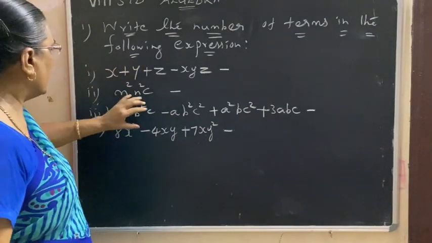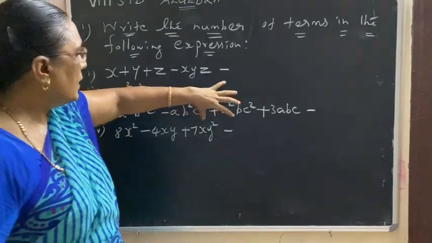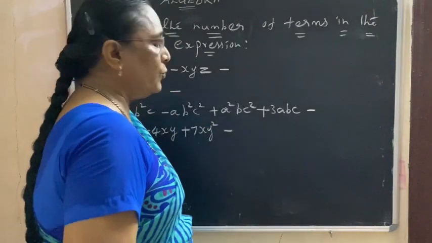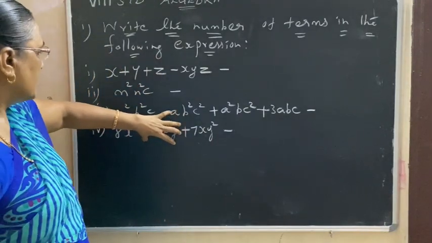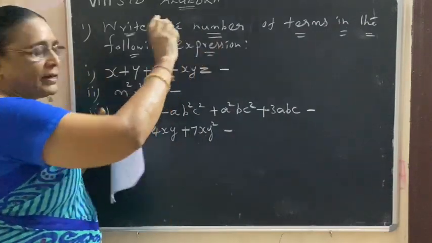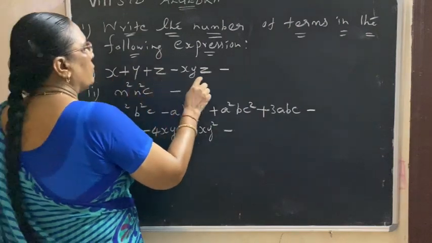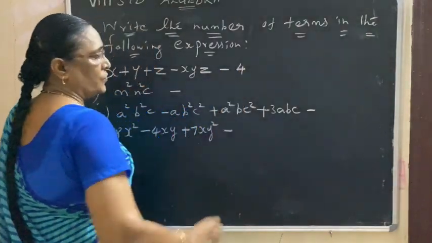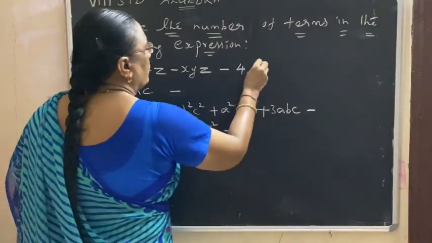Then this whole thing is one term, this is the second term, this is the third term, and this is the fourth term. Now you have to count and write the numbers. 1, 2, 3, 4. So how many terms am I having? 4 terms here. The answer is 4.